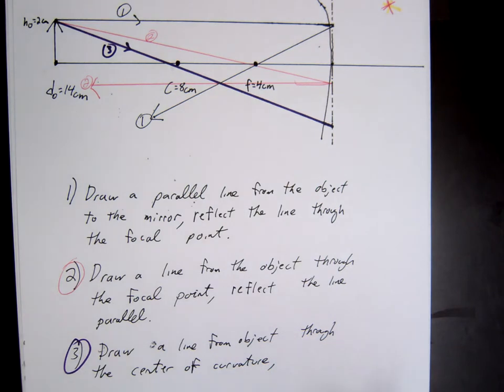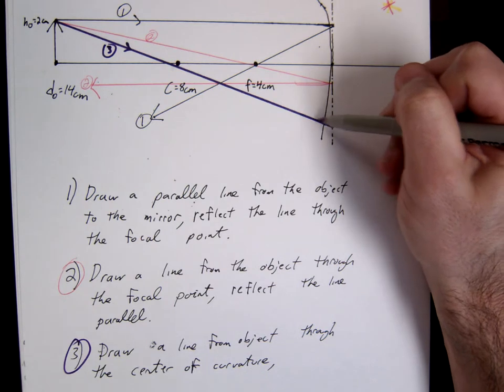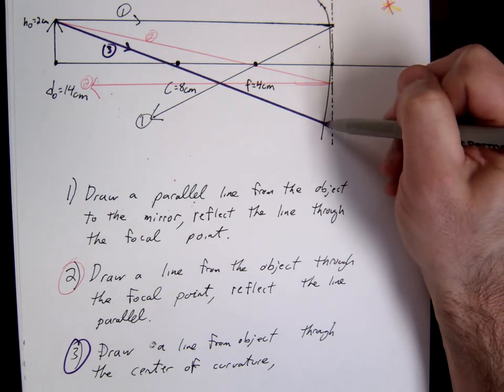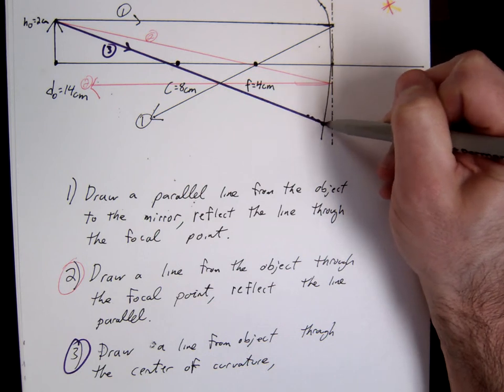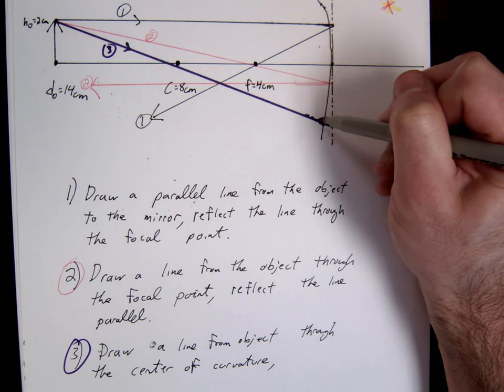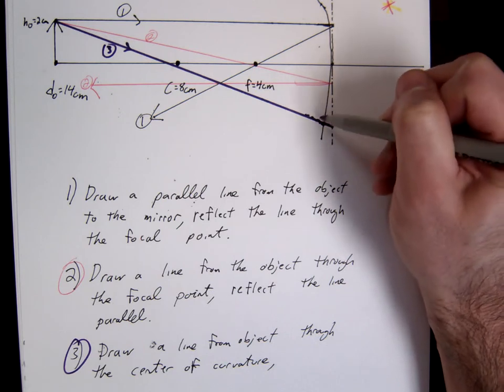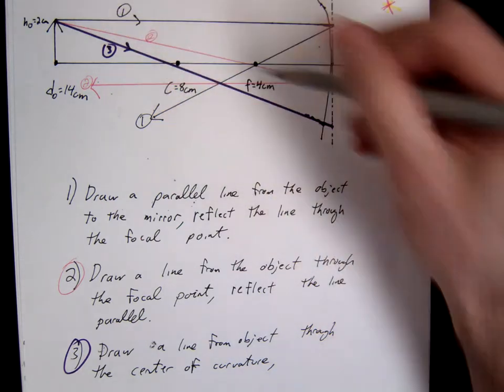Now here's the thing. The way it is, it looks pretty decent. This hits right on the normal. Any line that goes through the center of curvature is going to hit right on the normal, which means what's going to happen to the reflected beam? It just goes straight back. It doesn't change its angle at all.